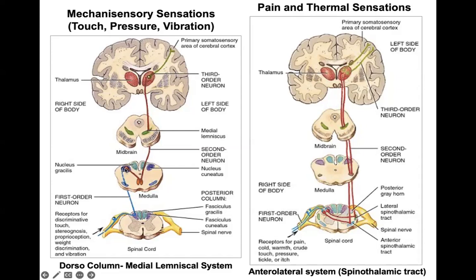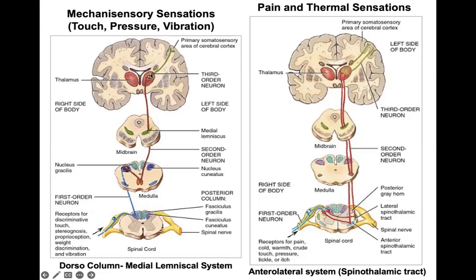And then the second neuron crosses to the other side and goes up to the thalamus. Again, this is the first example to show you that the thalamus is basically a gateway to the cortex, because the sensation from the body has to connect here at the thalamus first.